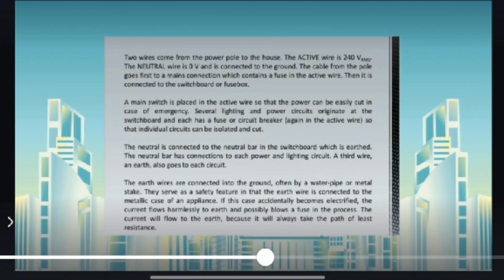They serve as a safety feature, and the earth wire is connected to the metallic base of an appliance. If this case accidentally becomes live, the current flows harmlessly to earth and possibly blows the fuse in the process. The current will flow to the earth because it will always take the path of least resistance.